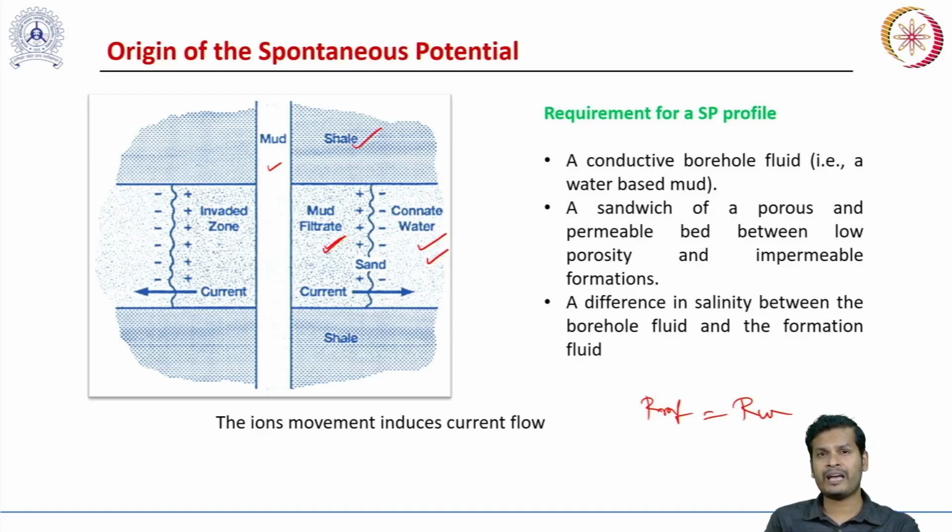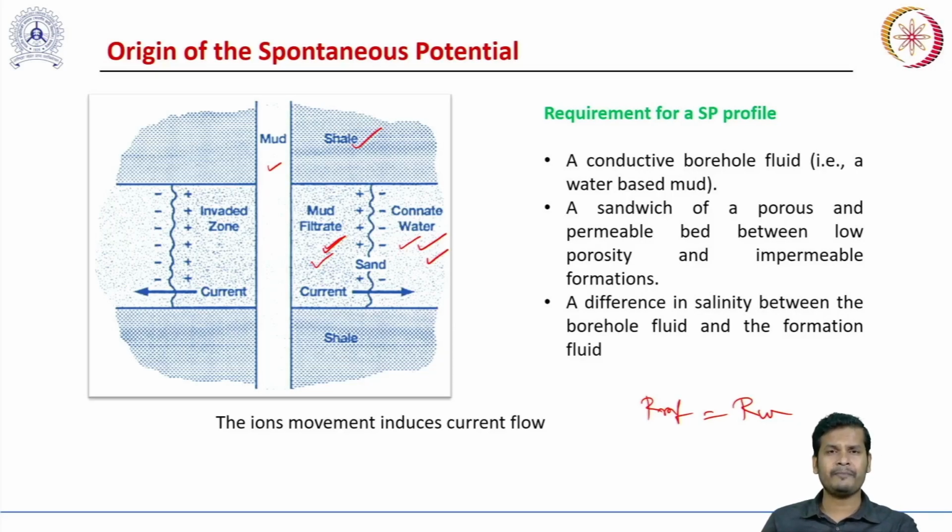So what is going to happen after the invasion of the mud filtrate? We have different zones where the salinity contrast exists. For example, at the invaded boundary, on the right hand side we have connate water, and on the left hand side we have mud filtrate, which have different salinity. So obviously the ion diffusion is going to take place and current can flow.